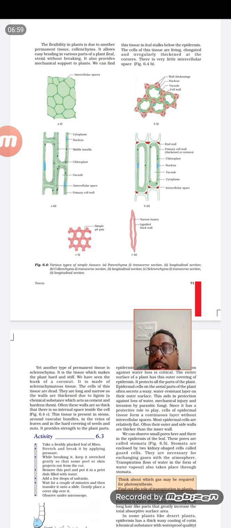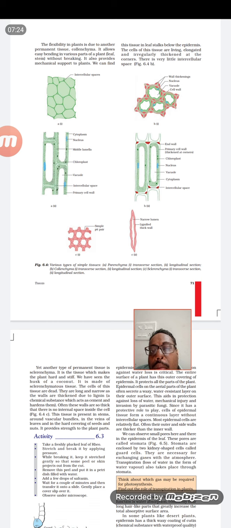Wherever the temperature is high, the stomata will be closed, and more transpiration will occur with high temperature and a mild breeze. If a mild breeze and high temperature are there, there will be more loss of water. At those times the stomata will be closed, and stomata are the only area through which the exchange of gas takes place.